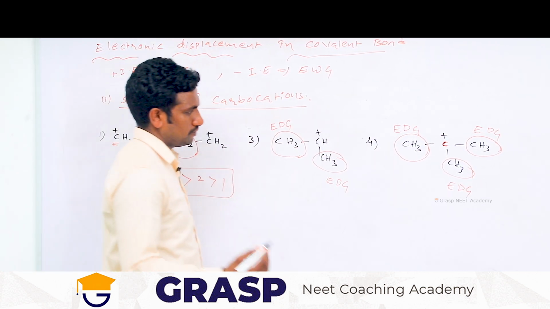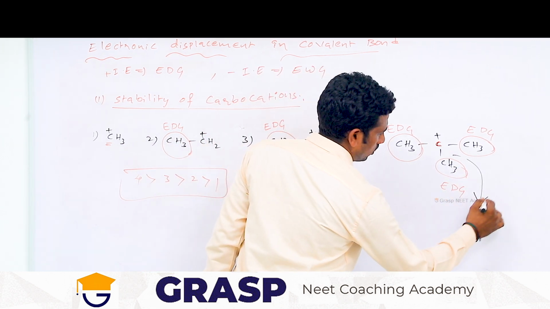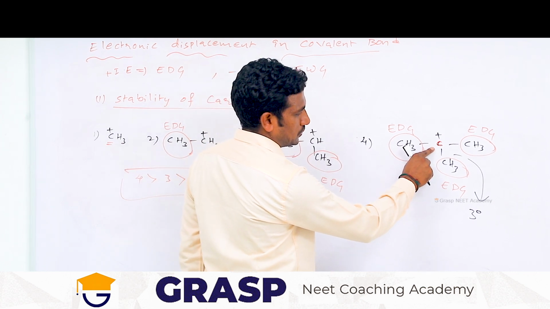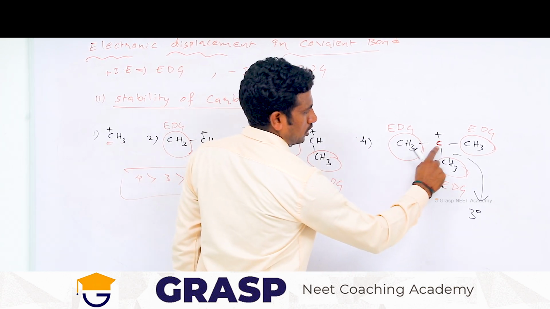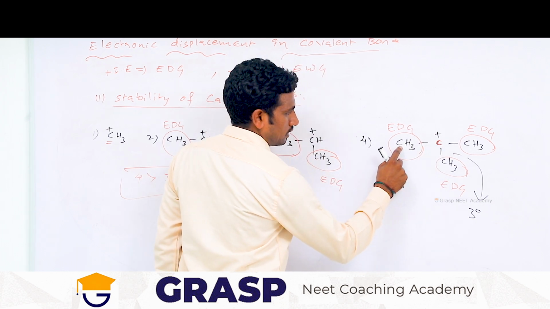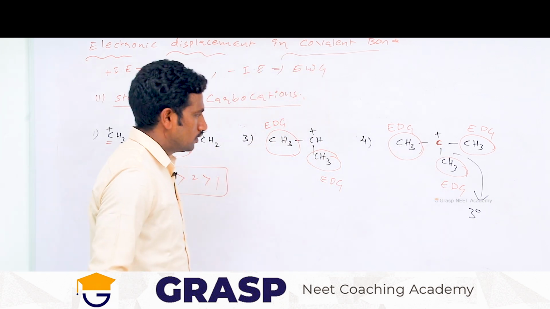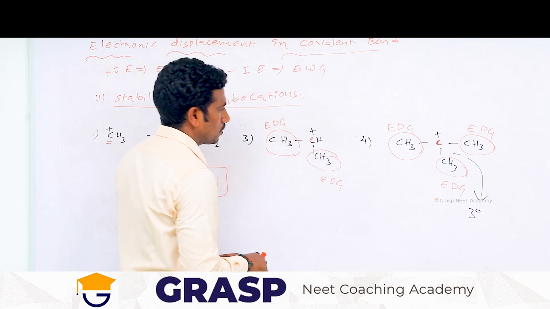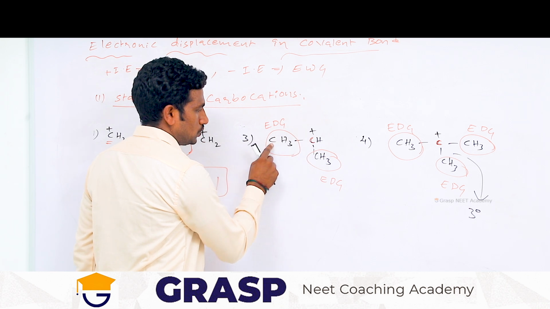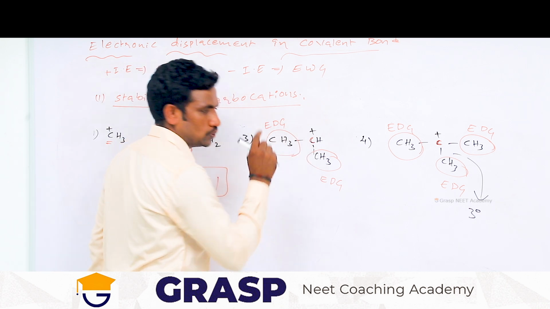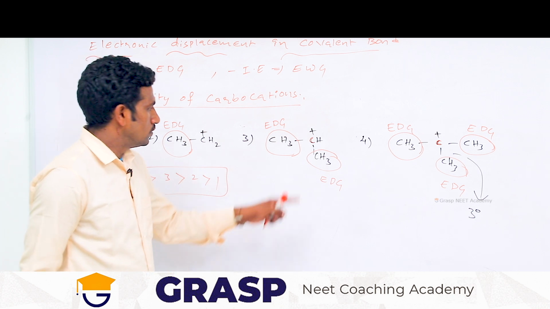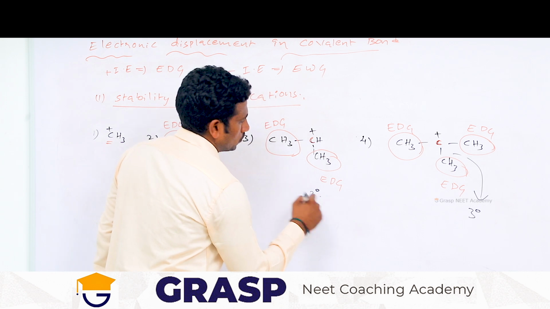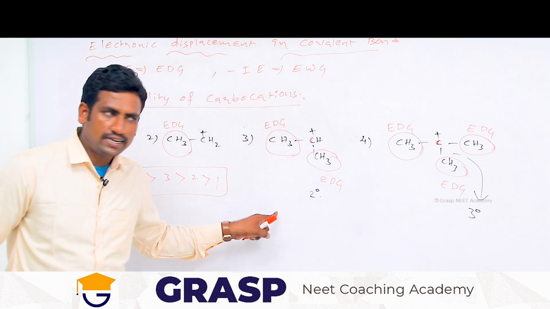In other words, the fourth is actually a tertiary carbocation. Why? This carbocation carbon is directly attached to three other carbon atoms. Similarly, this carbocation carbon is directly attached to two carbon atoms, so it is a secondary carbocation.